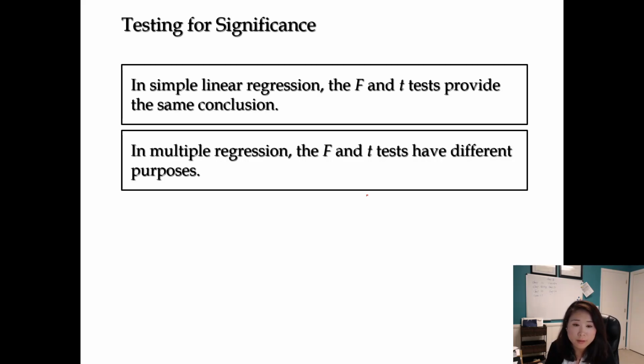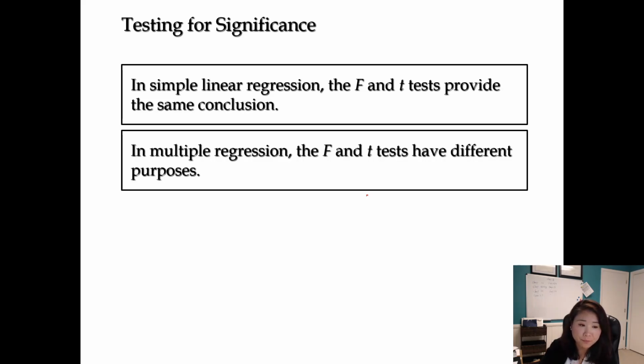However, when you're dealing with a multiple regression model, the F and t-test are totally different. So don't get confused. When we do a multiple regression model, we have to do the F and t-test separately. What we have to do first is perform the F-test before we perform the t-test.